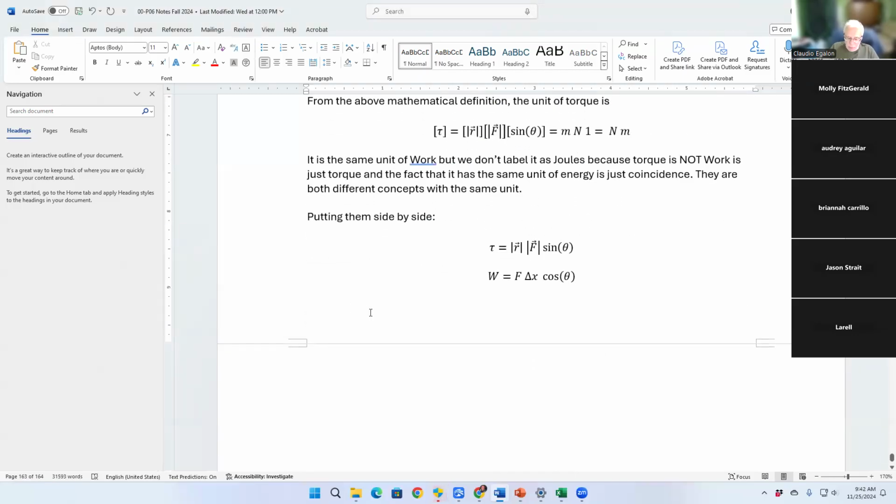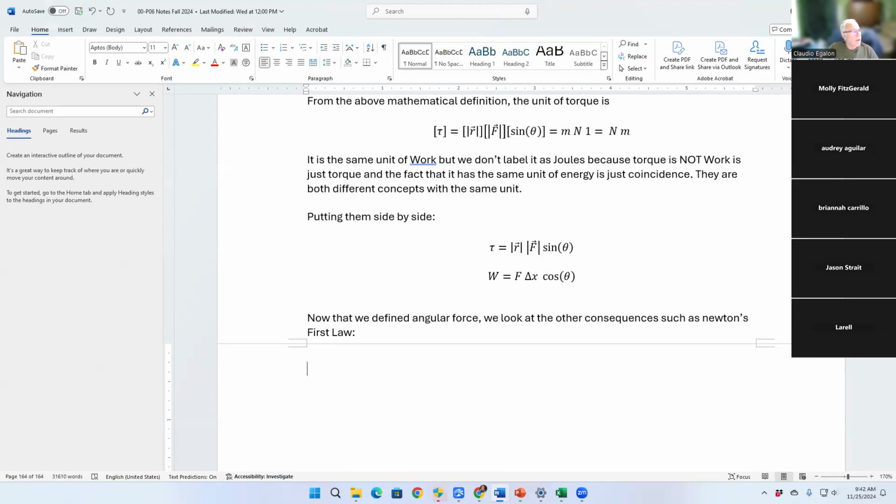Now that we defined the angular force, we can look at the other consequences, such as Newton's first law.